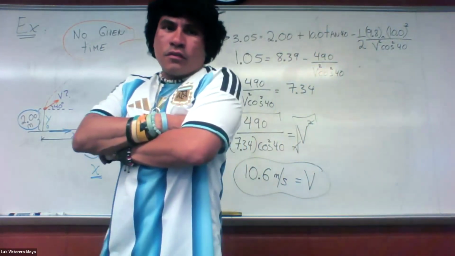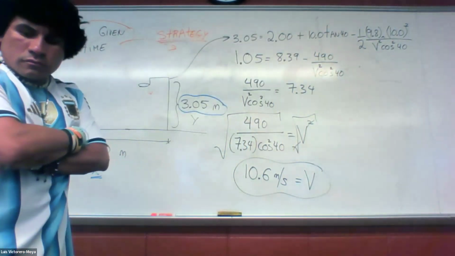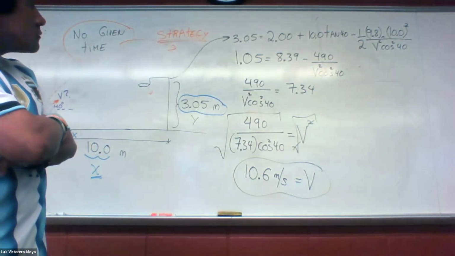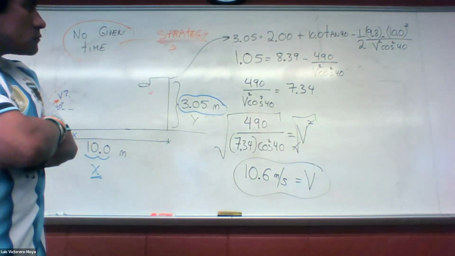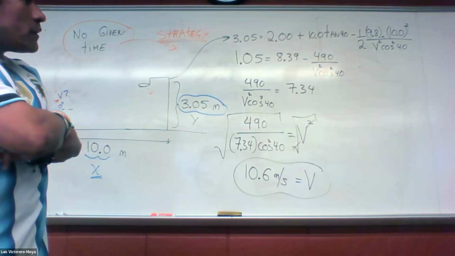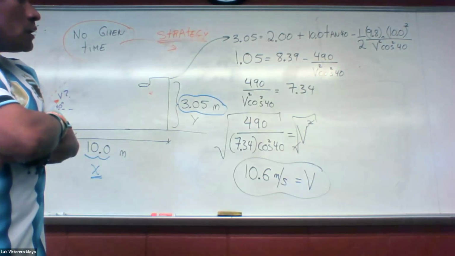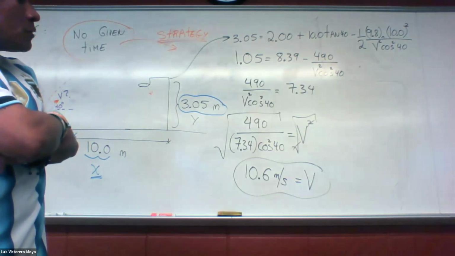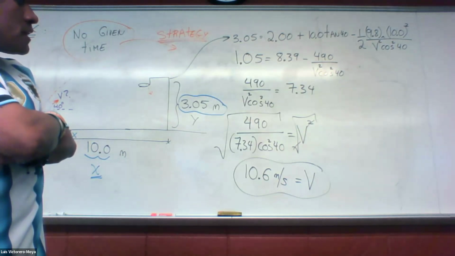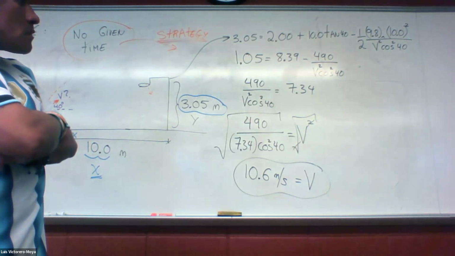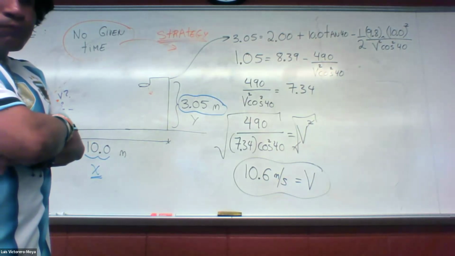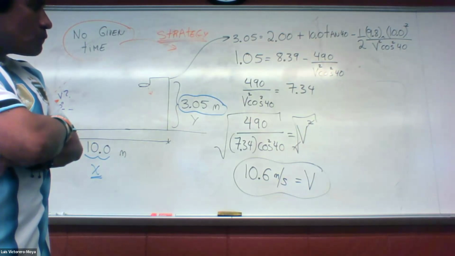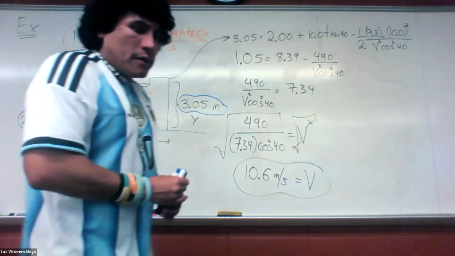So now questions about this? I would say be careful with the math. You want to do it by parts like I do it, so you don't make any mistakes towards the end.